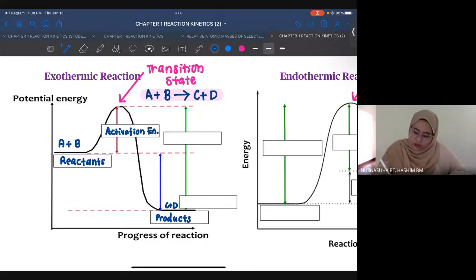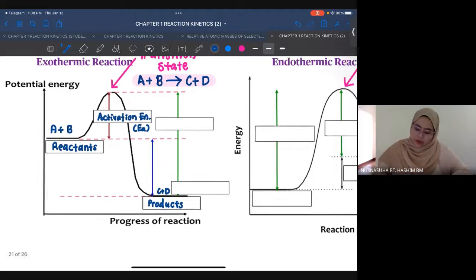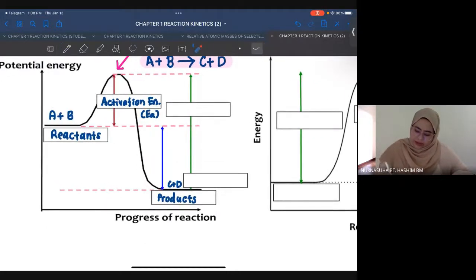Okay, or the abbreviation, EA, activation energy. So activation energy here is the minimum energy for reactant to have in order to become product. Okay, guys, next.